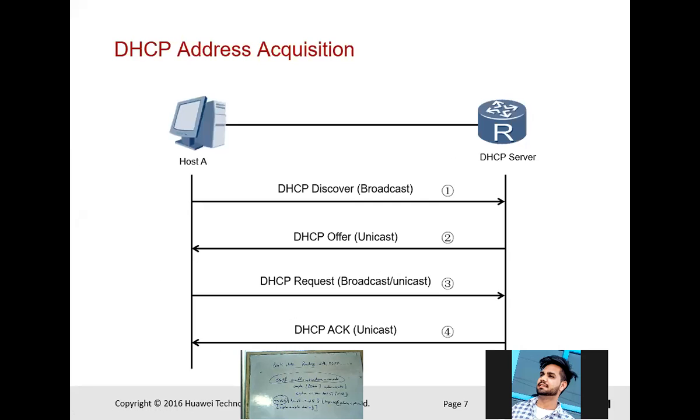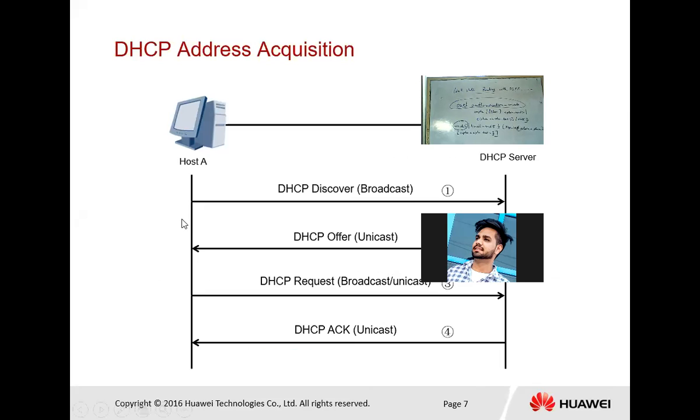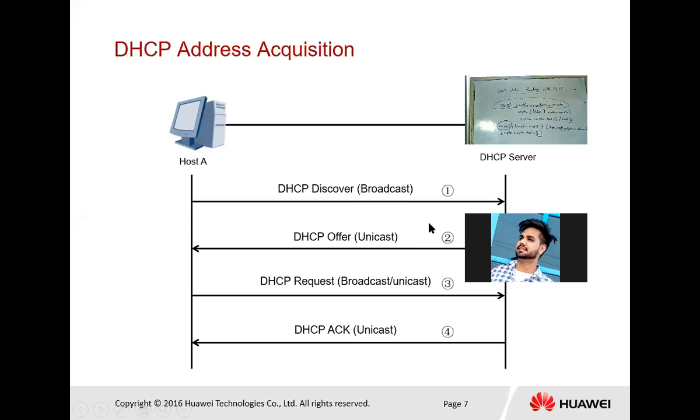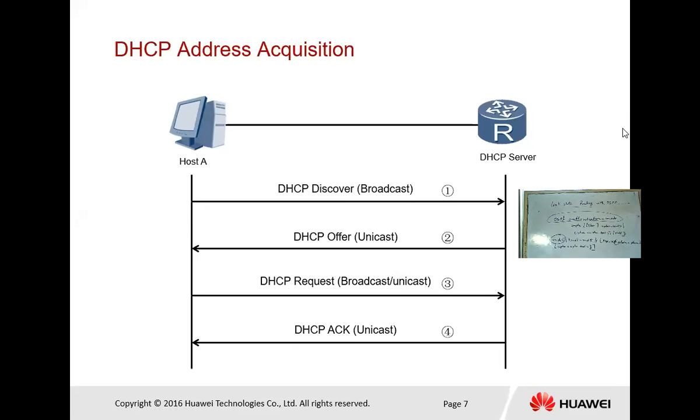Next is DHCP address. So here you can see the message flow. Host A, that is the client, and the server.